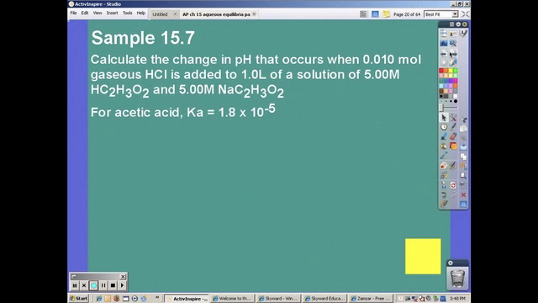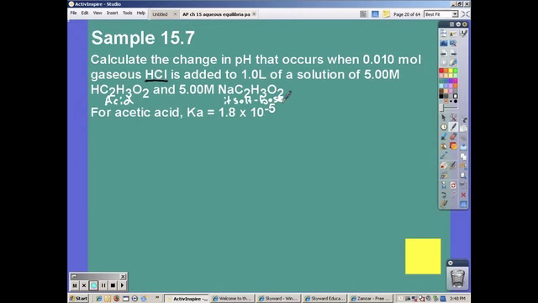So in this problem, we are adding 0.01 moles of HCl to a 1 liter buffered solution of 5 molarity acetic acid and 5 molarity sodium acetate. First thing you need to do is figure out what the HCl is going to react with. We have acetic acid and sodium acetate, which is its salt, which is a base.